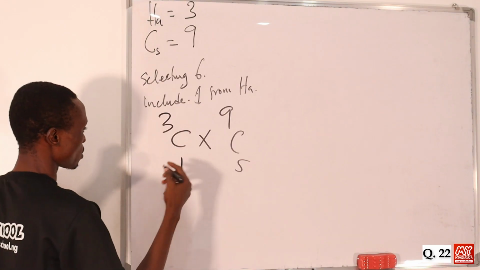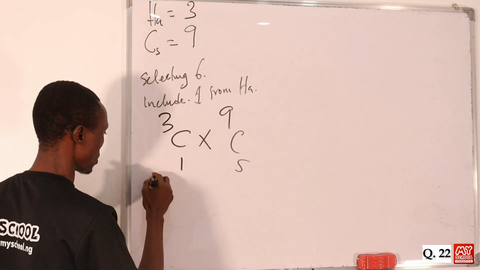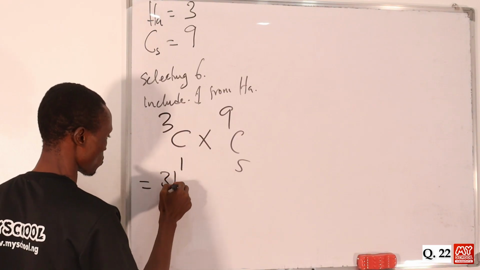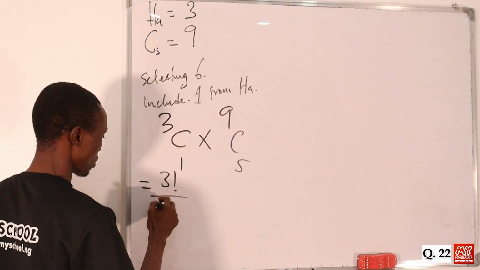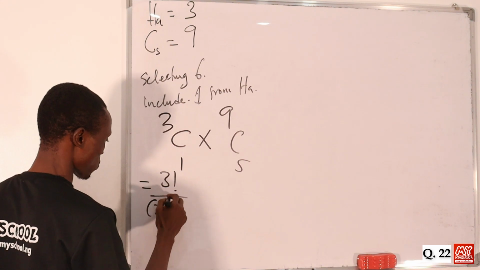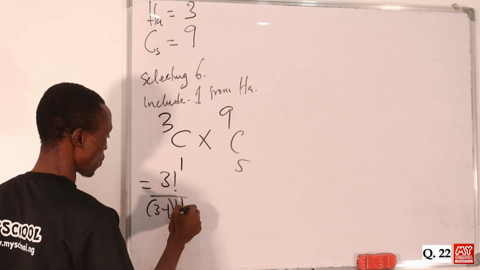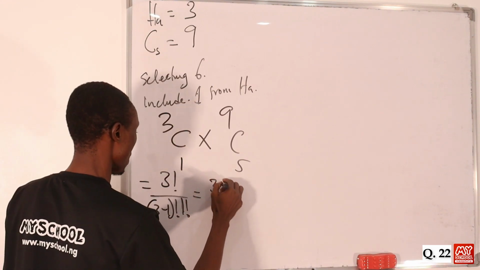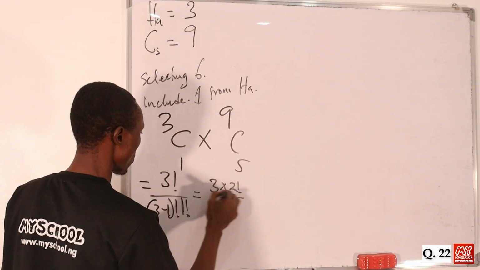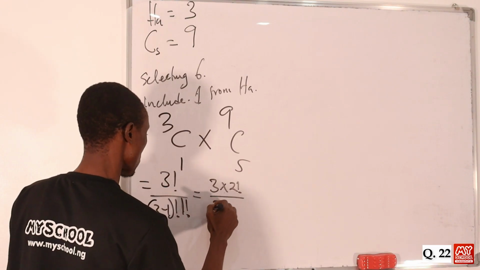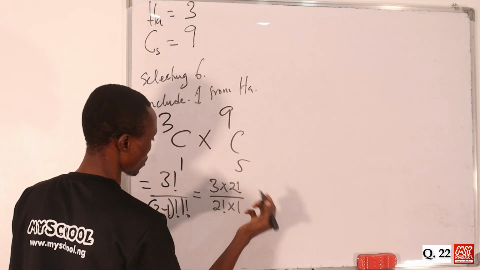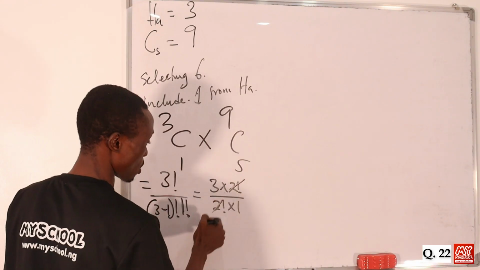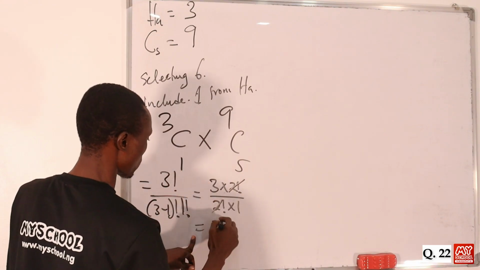So 3 combination 1, let's do it one after the other. 3 combination 1 is 3 factorial over 3 minus 1 factorial, then 1 factorial. So here we'll be having 3 times 2 factorial, while here we'll be having 2 factorial times 1. So 2 factorial will cancel out 2 factorial, so that here we have 3 ways.